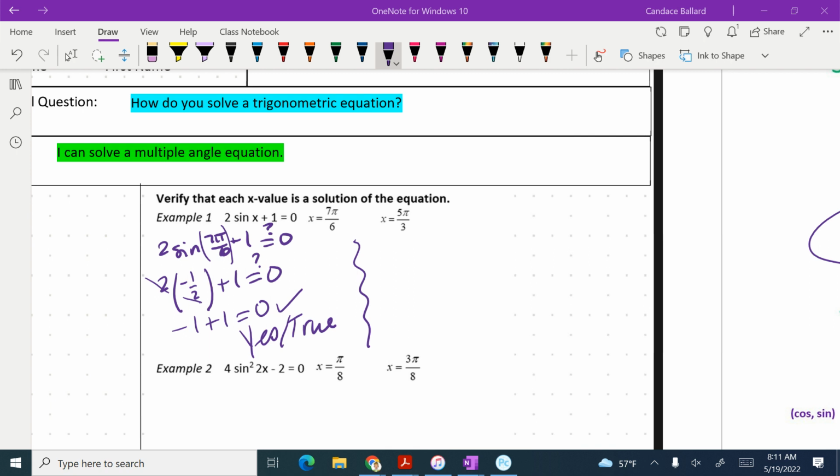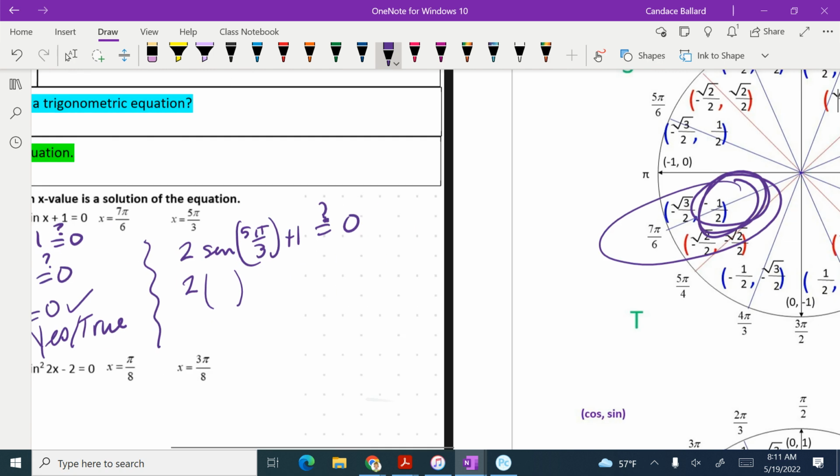Okay. I'm going to do the same thing. I'm going to plug in 5 pi over 3. So we've got 2 times sine of 5 pi over 3 plus 1. We're checking, does that equal 0? All right. You guys already told me that sine is the y coordinate.